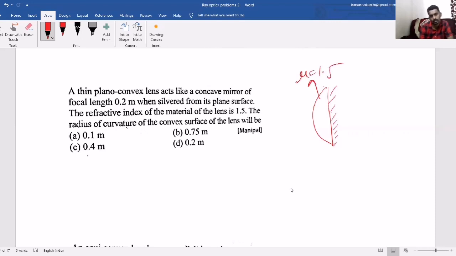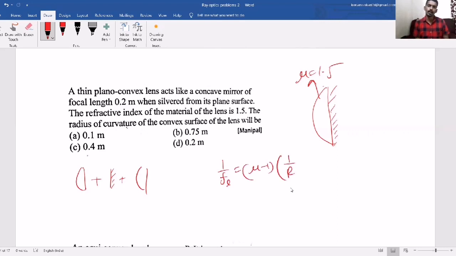The radius of curvature they are asking. In this case, as I said, it acts like lens plus mirror plus lens. First of all, let's find out the focal length for lens. That is mu minus 1 into 1 by r minus 1 by infinity, because the second surface is plane. So equal to mu minus 1 by r.